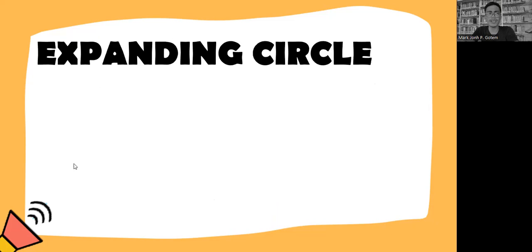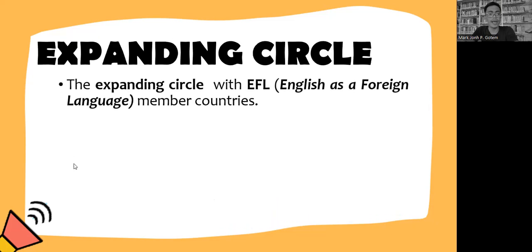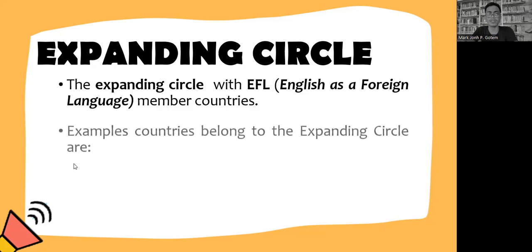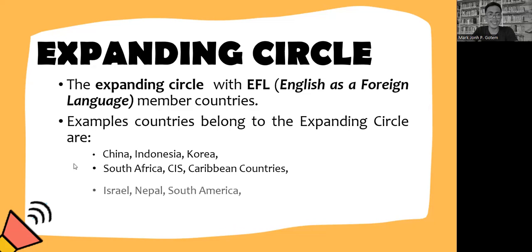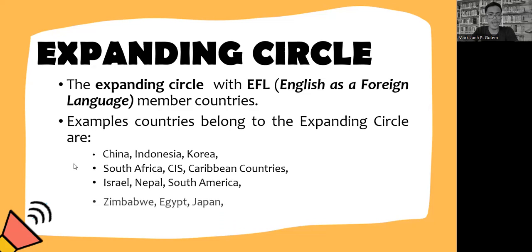And the last circle is the expanding circle. The expanding circle is EFL, which stands for English as a foreign language member countries. These are examples of EFL countries: China, Indonesia, Korea, South Africa, CIS, Caribbean countries, Israel, Nepal, South America, Zimbabwe, Egypt, Japan, Saudi Arabia, and Taiwan.